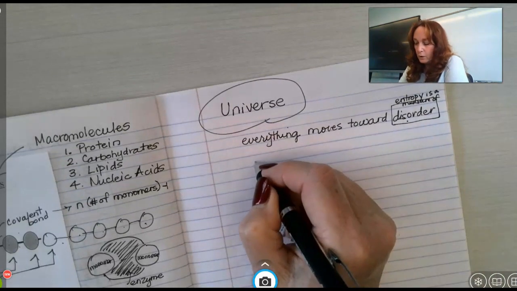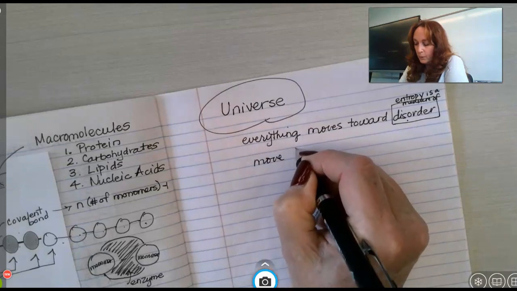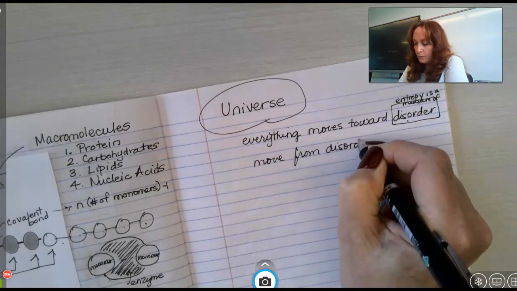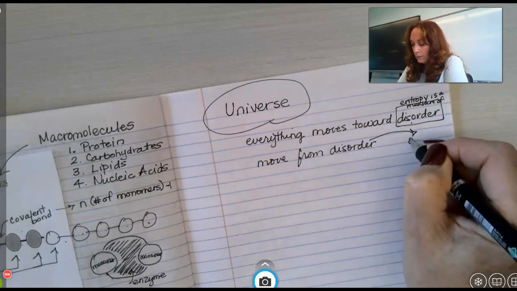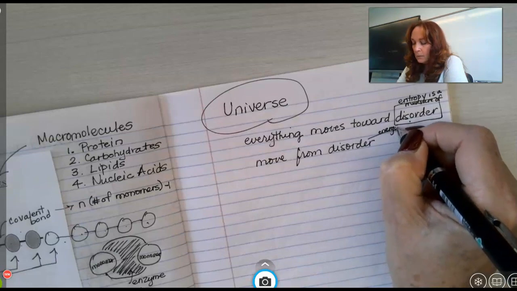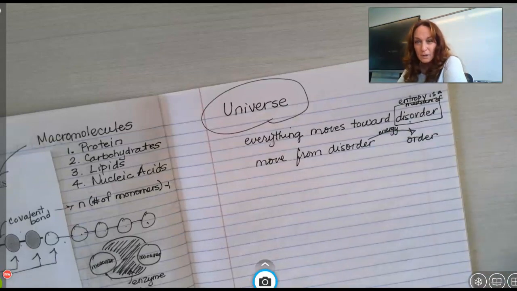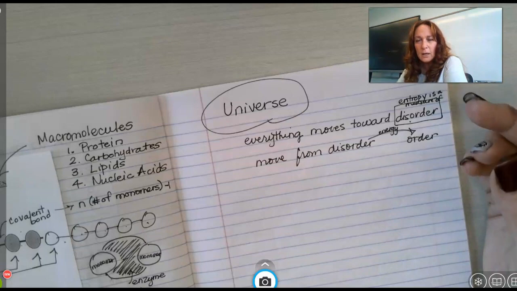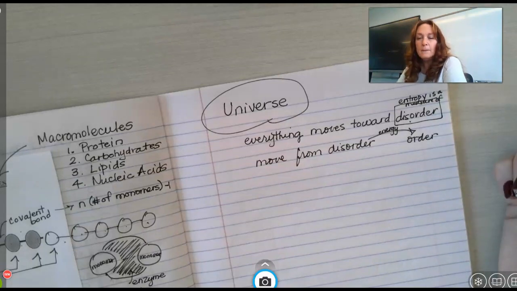So if you want to move from disorder to order, you have to add energy. You have to pick up your stuff in your room. That takes energy because you're actually putting things together that belong together, and you're reducing the number of pieces.